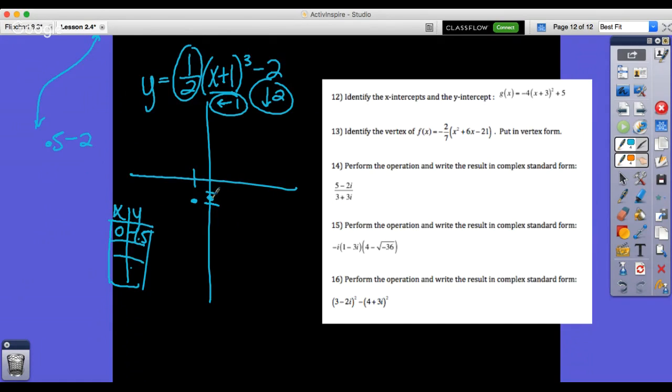That's what I meant with the half. Gotcha. So now this is going to go this way, right? And I'll probably do one more point over here. If it goes this way, that means on the left, it's going to go left 1 and down 1/2.